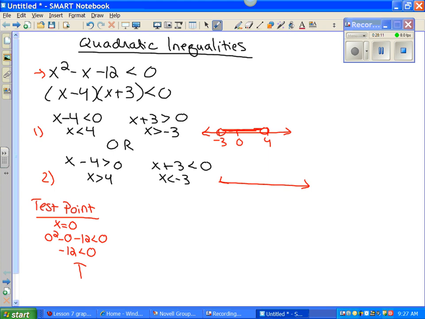This one, x is greater than 4, x is less than negative 3, looks like this. Which one of these solutions includes 0? First one. So this one is going to be my solution.